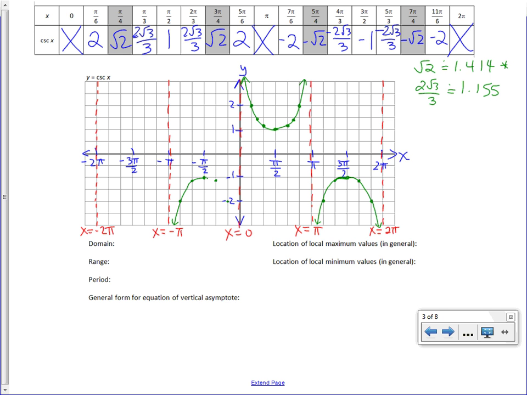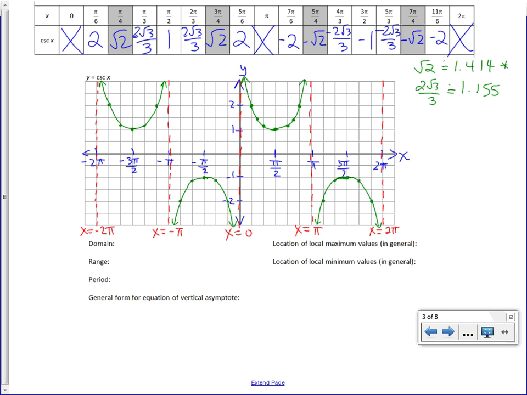Approach asymptote, approach asymptote. And then the final one is going to be 1 unit up in the middle, 1 and a little bit up, 1 and a little bit up, 2 up, 2 up, and then open up, approach asymptote, open up, approach asymptote.